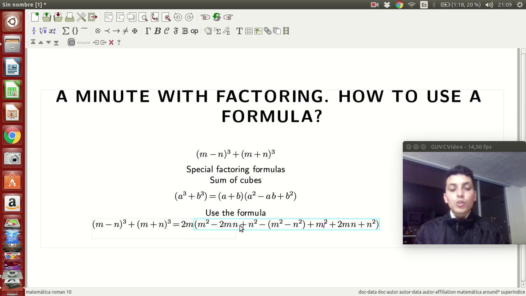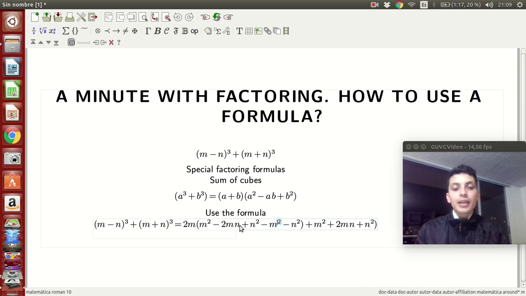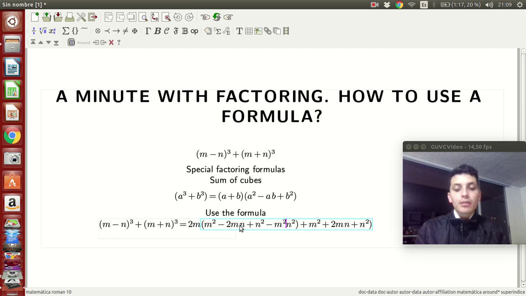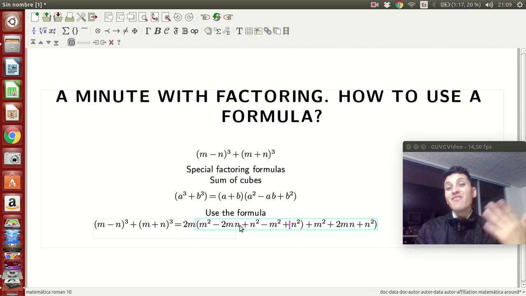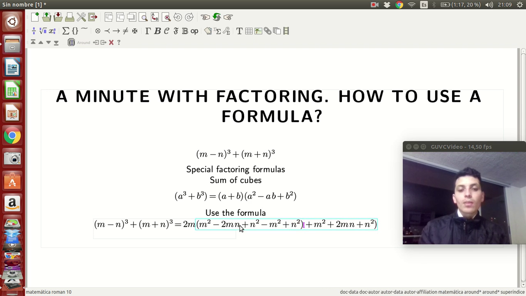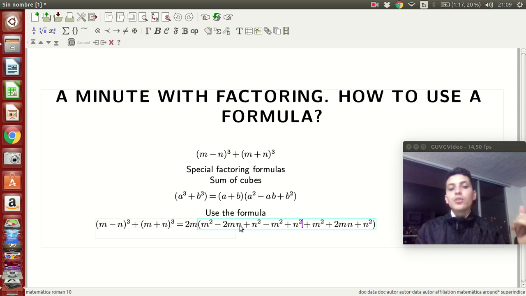And finally, to simplify all the parentheses inside the factor, we can simplify the negative one here. So negative m squared, plus negative times negative positive, and you have the polynomial.